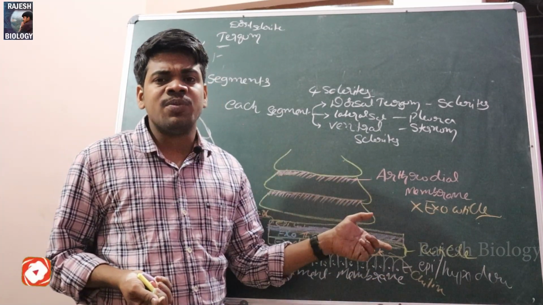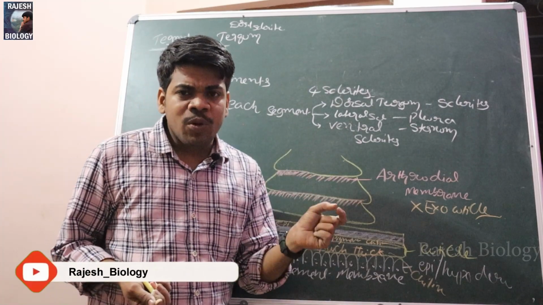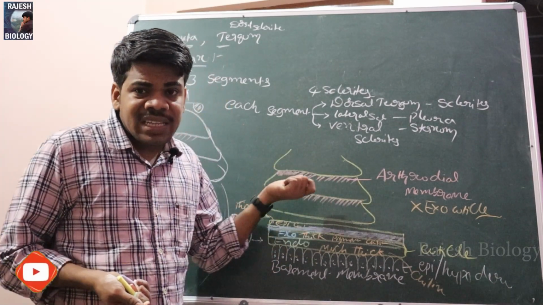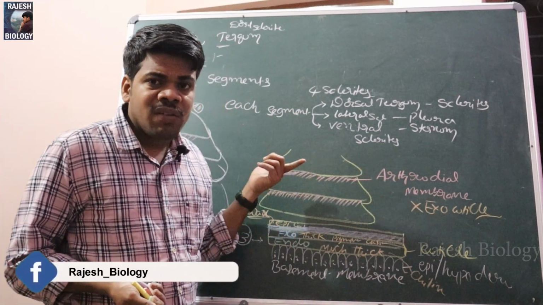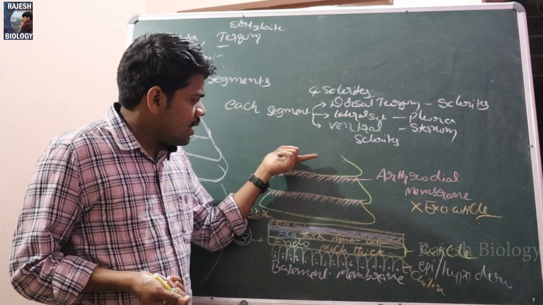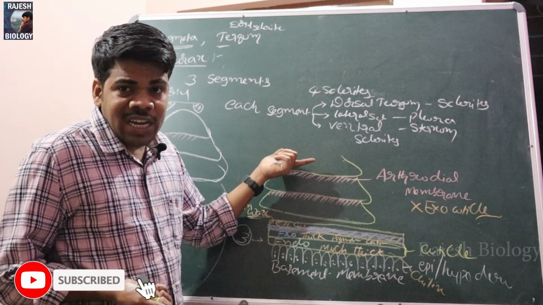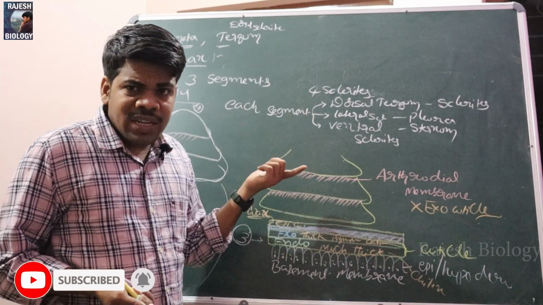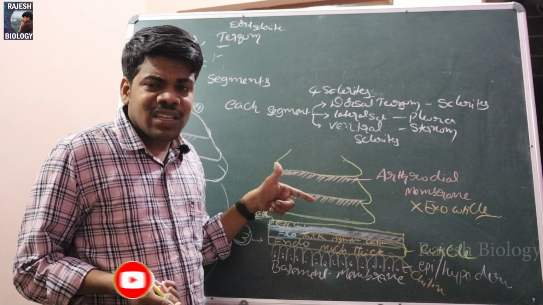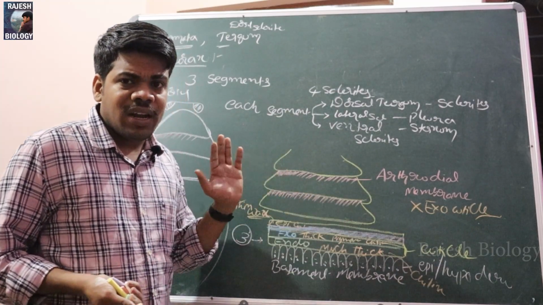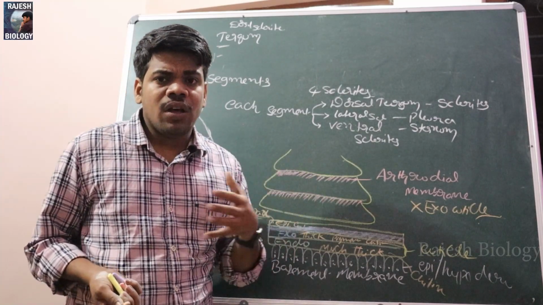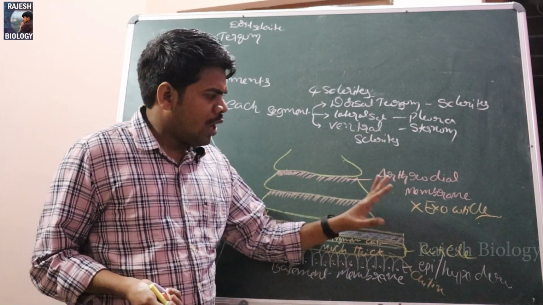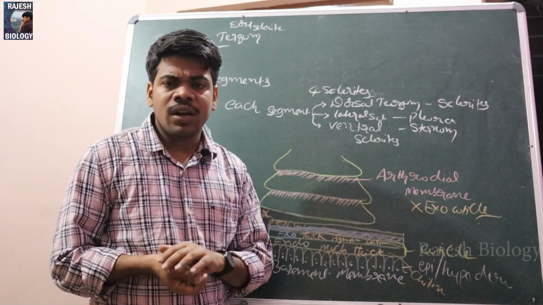That's why it is flexible and allows a little movement between the adjacent segments. So this is about the arthrodial membrane which attaches the adjacent sclerites, like the tergum of the first thoracic segment and the second thoracic segment sclerites, and within one segment the tergum, sternum, and pleura are all attached with the arthrodial membranes. Is this clear now?